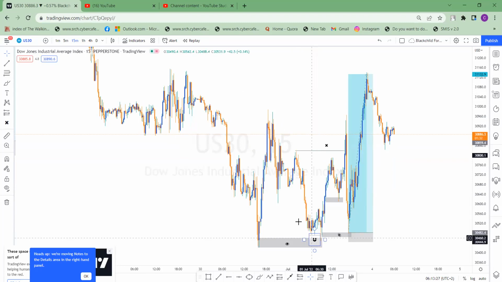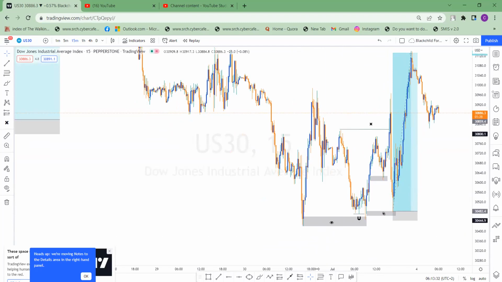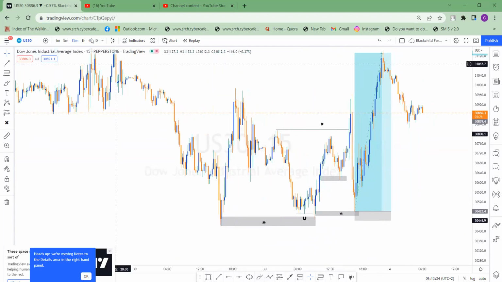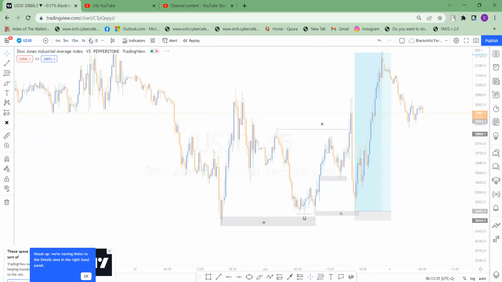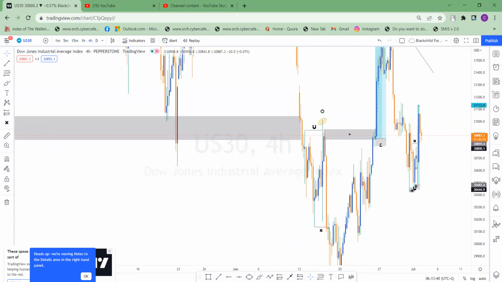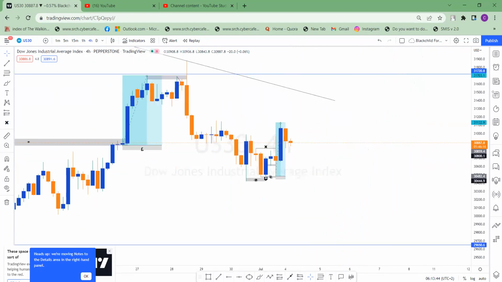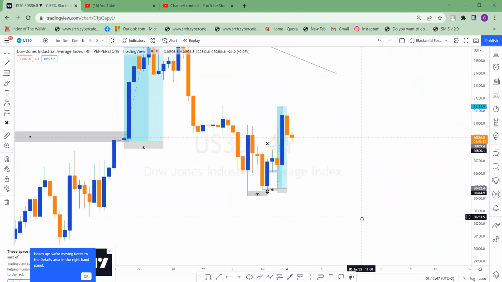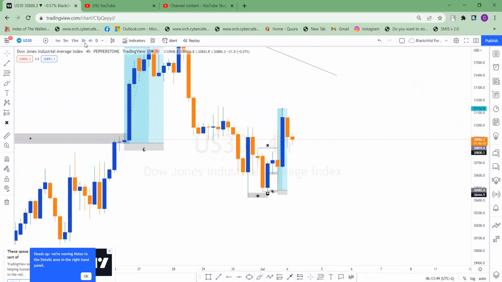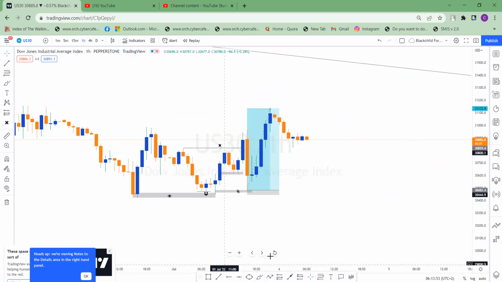Okay, so let's say on a 4 hour. Then we're here with this pair. I may not consider the 4 hour, so I'll just go on a 1 hour because I don't want to lose what we are doing.